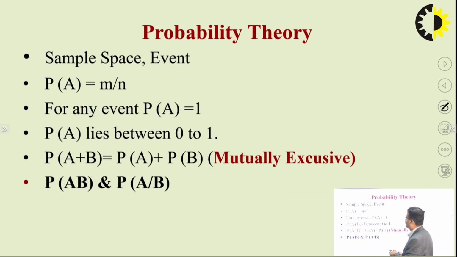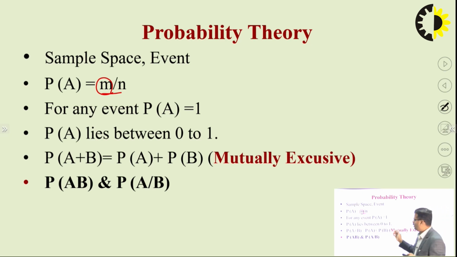Okay, so probability means what? Probability means possibilities. If we want the probability of any outcome, it will be m by n, where m is the number of favorable conditions and n is the total number of conditions.